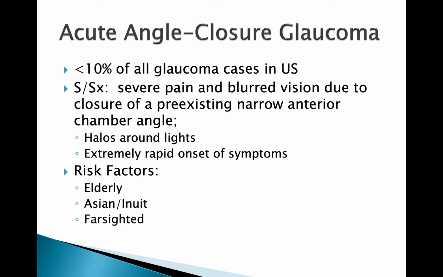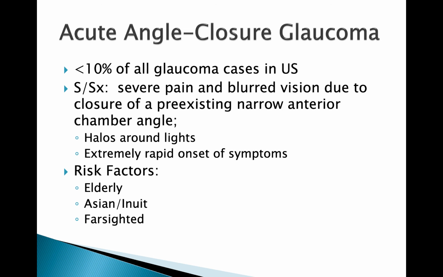So acute angle closure glaucoma accounts for less than 10% of all glaucoma cases in the United States. So it's not very common in the United States, but it is very common in the world. And so signs and symptoms with this, I like to tell people, you don't have to worry about finding them, they're going to find you.